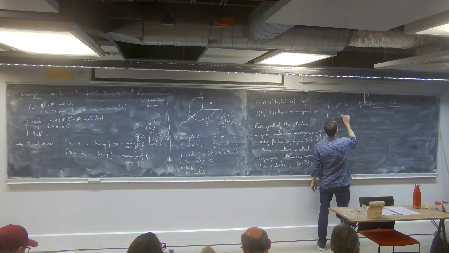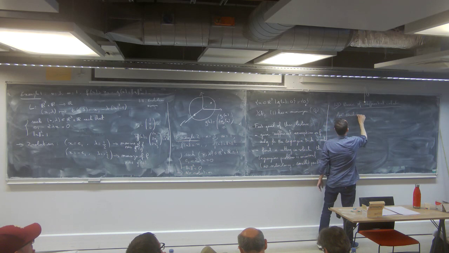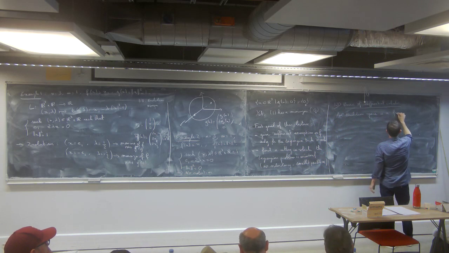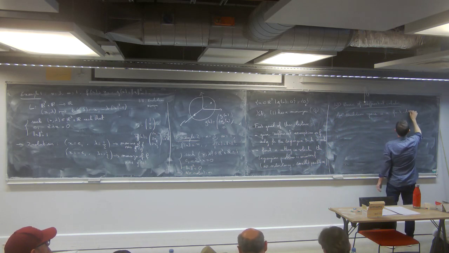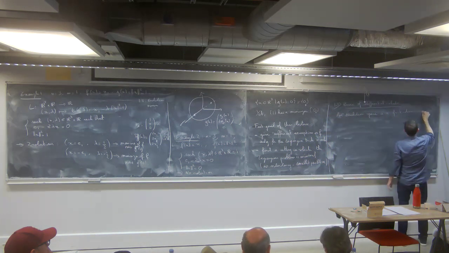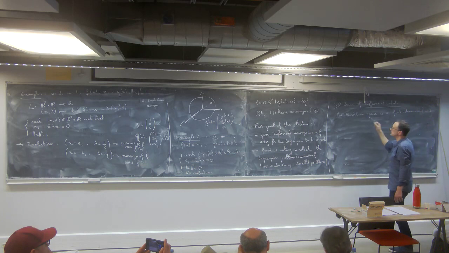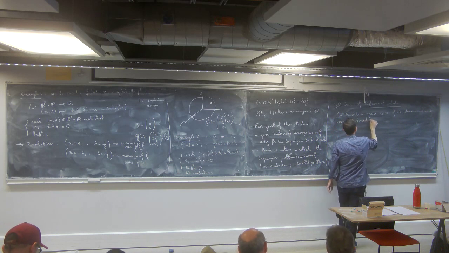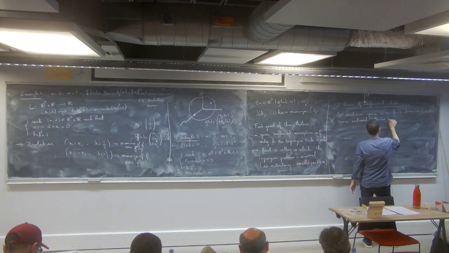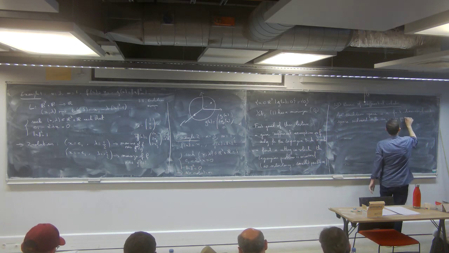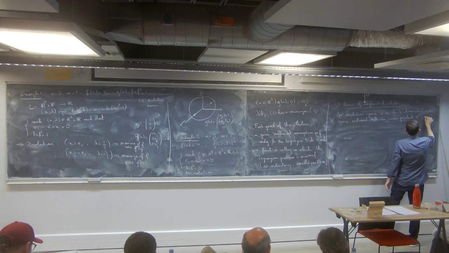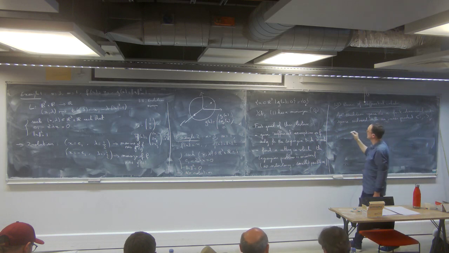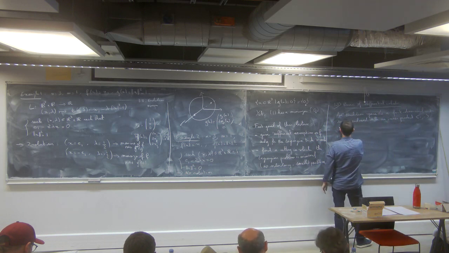A Euclidean space is a finite dimensional vector space endowed with an inner product, usually written like that, and associated norm.